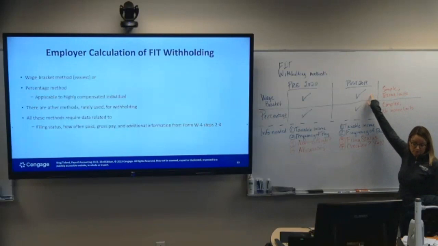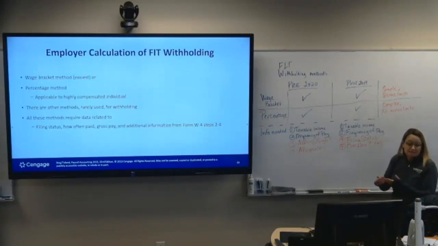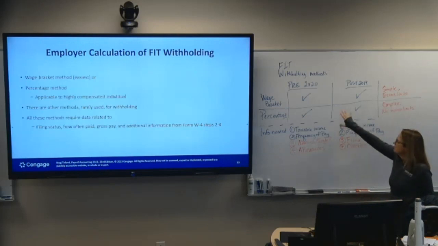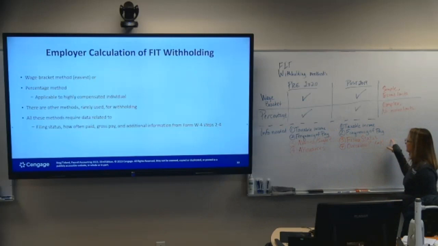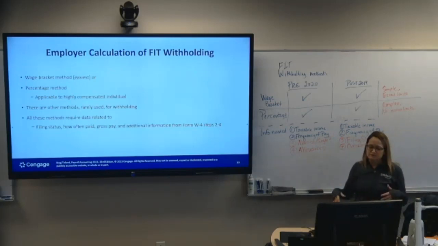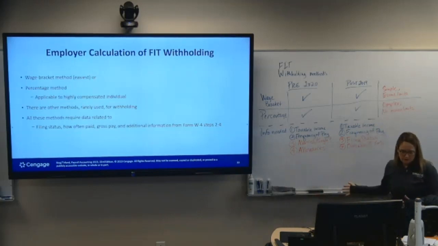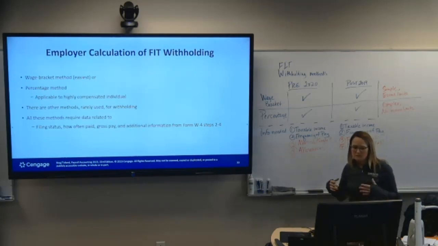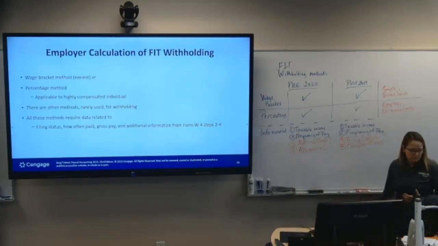Now that income level is different for each table. So I can't tell you, hey, once income gets to over $100,000 a year, you're no longer going to use that table. Or once it gets to over $2,000 a pay period, you're no longer going to use that table.